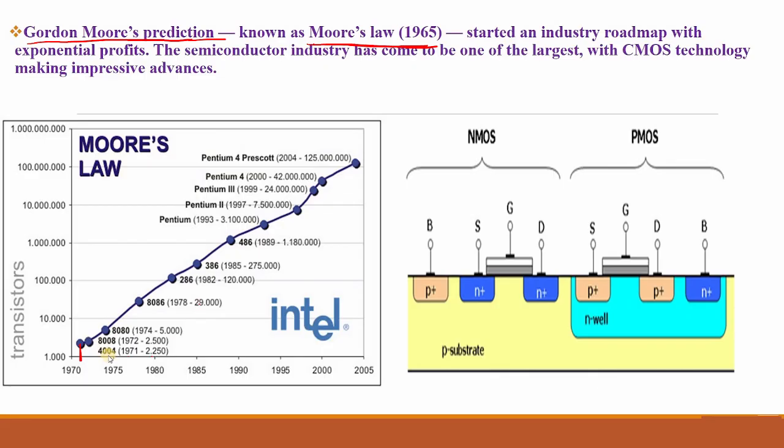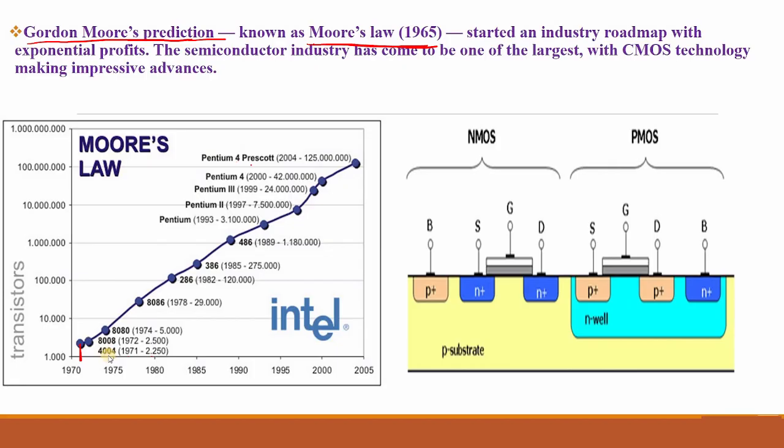29,000, 1,20,000, then 1985 80386, and 1989 80486, which consists of 1 crore 18 lakhs transistors, like that. Pentium in 1993, Pentium 2, Pentium 3, Pentium 4.